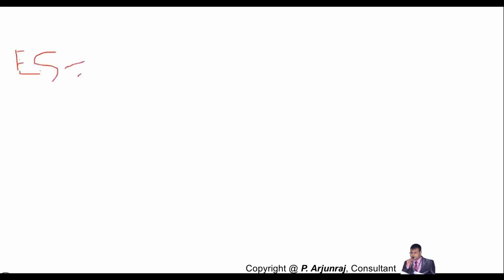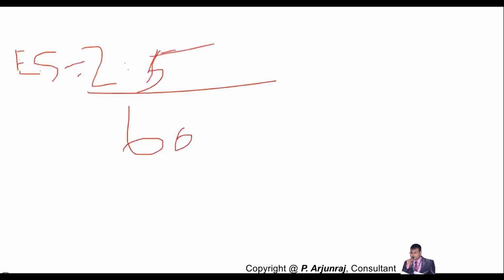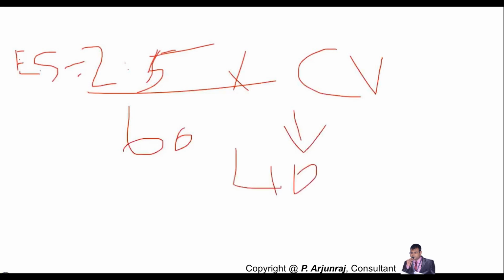Energy supplied is nothing but the mass flow rate of the fuel, which is 2.5 divided by 60, into the calorific value of the fuel, which they have given as 40.3 megajoules. When converting that into kilojoules, we get 40300.